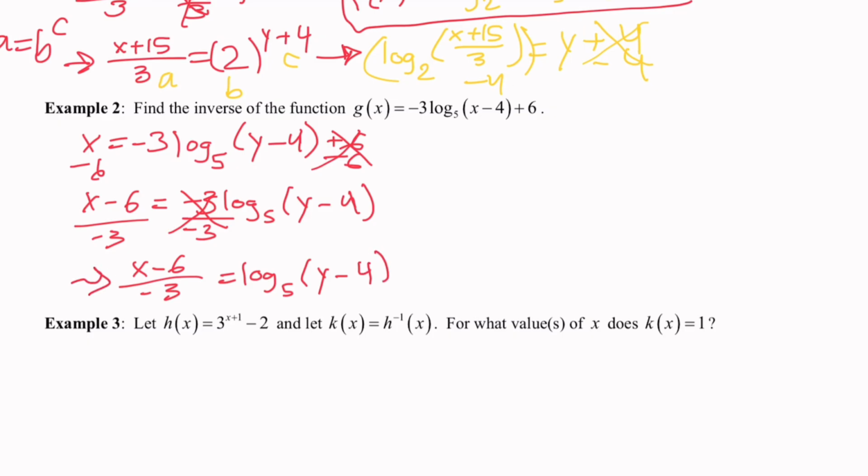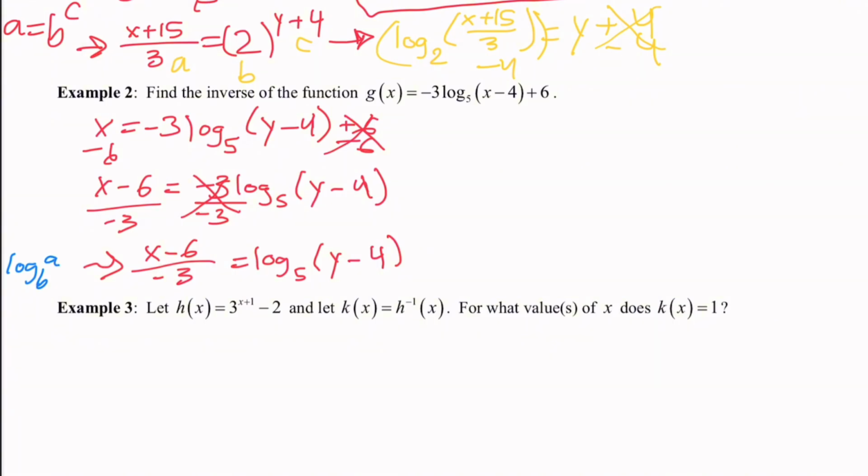Okay, looks like this right here is a log. This is our c, this is our b, and this is our a. So we can change it into an exponential.